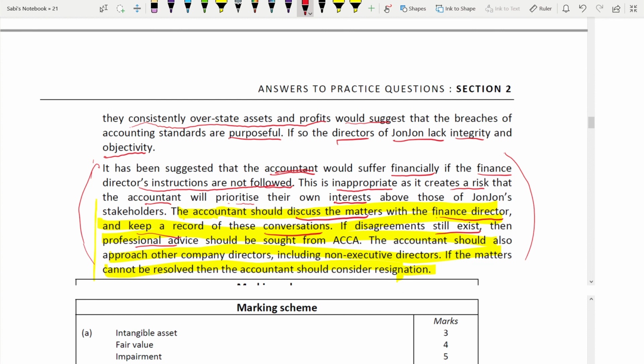Third, the accountant could also, or should also, approach other company directors, including NEDs, non-executive directors. That is the third action. Fourth action, if the matters cannot be resolved, then the accountant could consider resignation. So this is the fourth step. Make sure that you follow these four steps in their respective order. Don't change this order. In any ethical answers, follow these steps.